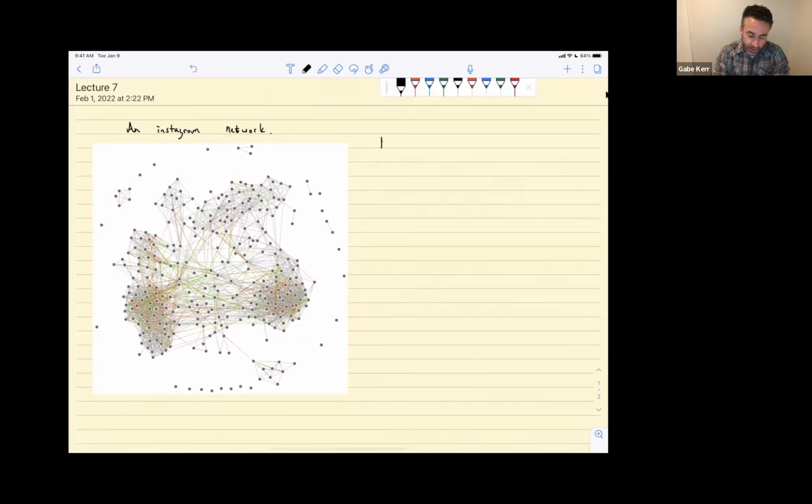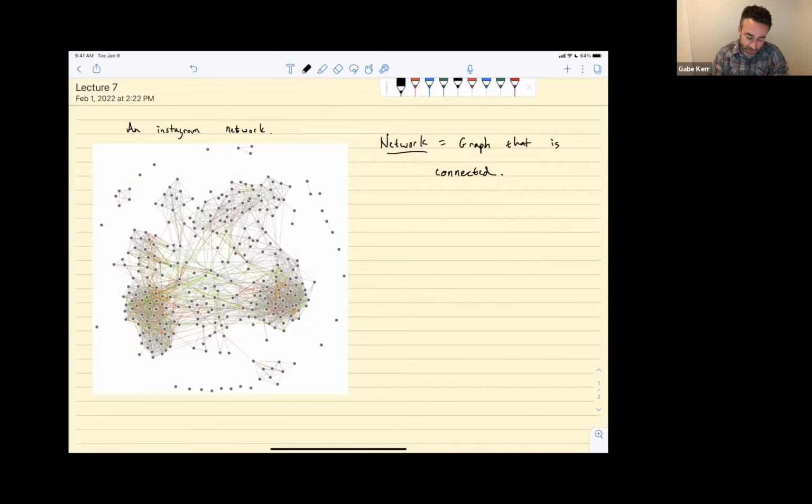So what is a network for us? A network for us is going to be a graph that's connected. Okay, that's it, just a connected graph. And there are some notational differences if you're talking about networks.